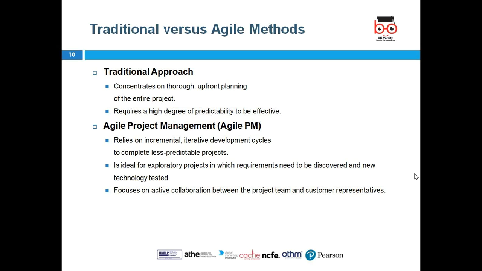Simply, the traditional one follows a predefined path, while the agile one does not follow a predefined path but remains adaptive according to the team and according to the interaction with the client.